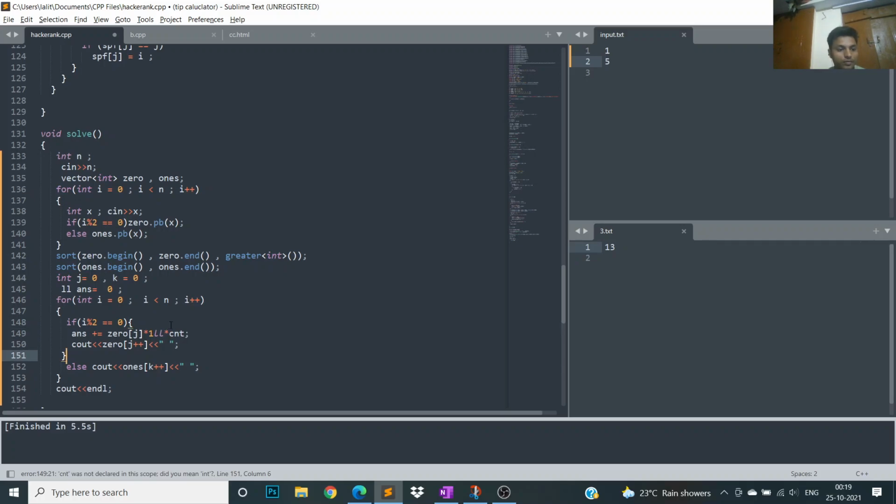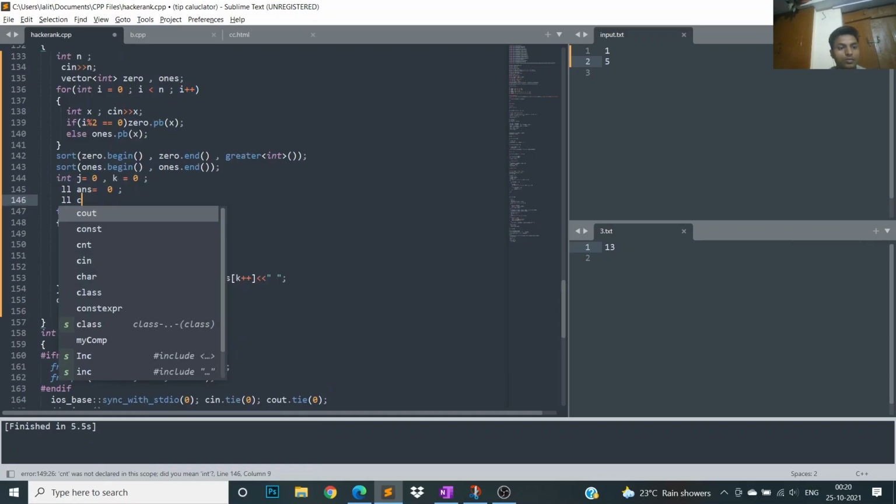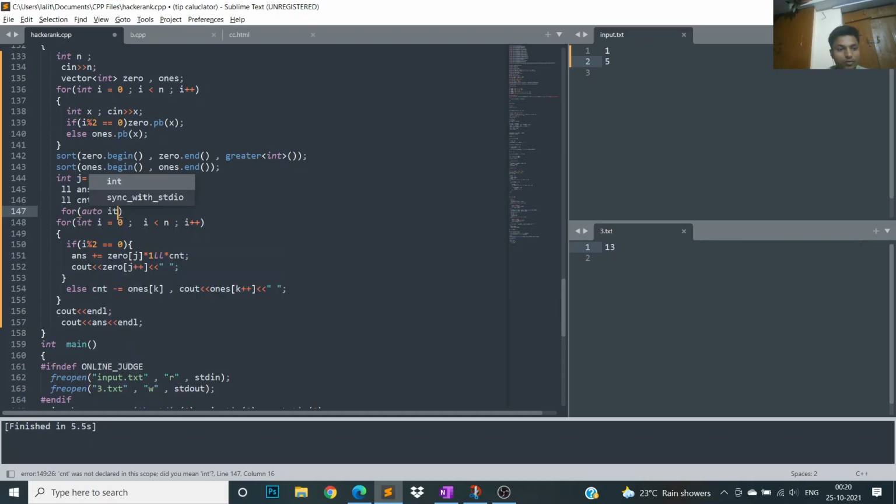Yeah, and if we come here, we have to count decreases. Long long count is equal to 0, up to it, or we just count ones.